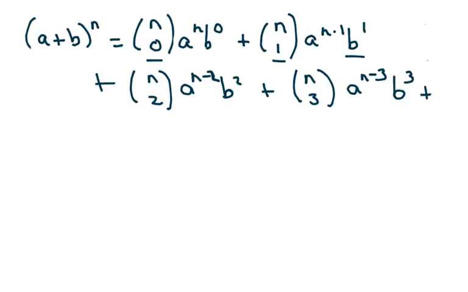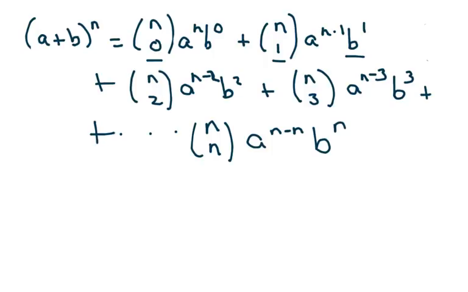And we're going to get n choose n, which is a to the n minus n and b to the n.